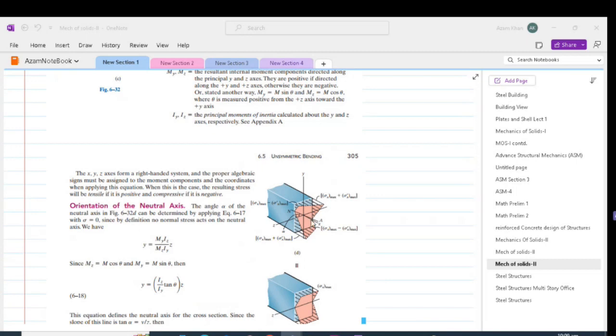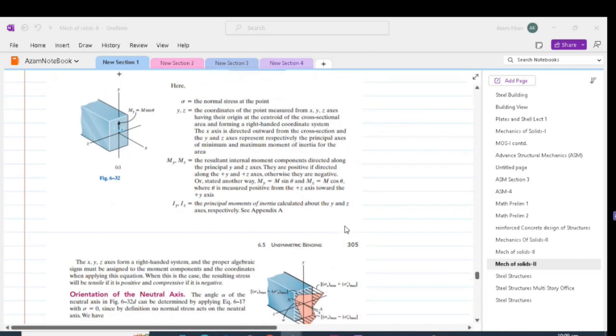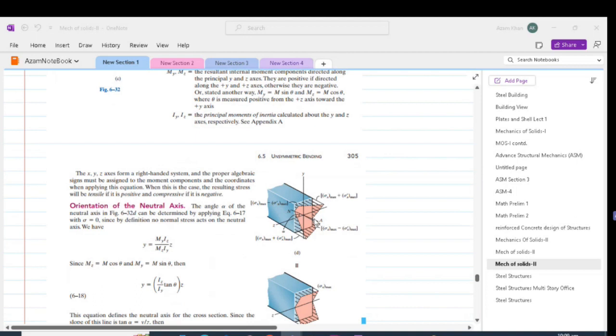In order to determine the inclination of our neutral axis, we can locate a point A on this neutral axis by the condition that the neutral axis is the locus of points of zero stresses.